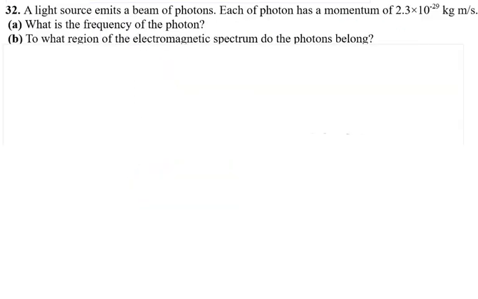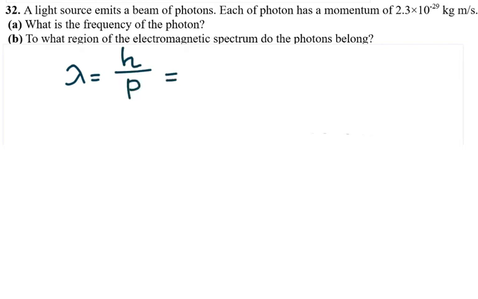In this question, they say a light source emits a beam of photons. Each photon has a momentum of 2.3 × 10^-29 kilogram meters per second. What is the frequency of the photon, and to what region of the electromagnetic spectrum do the photons belong? If they give you the momentum, I can use de Broglie's formula, which is the wavelength equal to Planck's constant over the momentum.